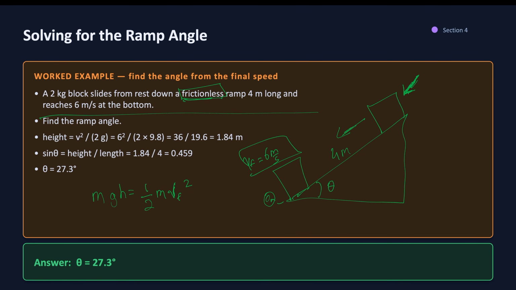So at first glance you might be like, where am I getting the data from here? This doesn't make sense, right? But what are you going to substitute in for height? If you want to find the equations, you'd cancel out the masses. Then velocity final squared is equal to 2gh. Then you take the square root of that, right? But you don't have the height here. How can we represent the height given this?